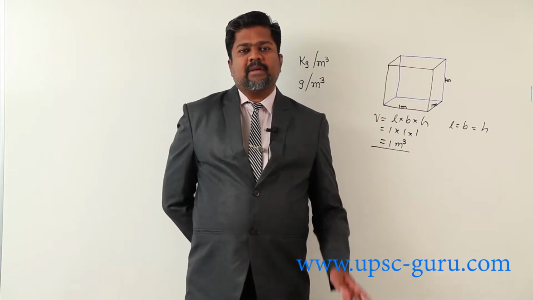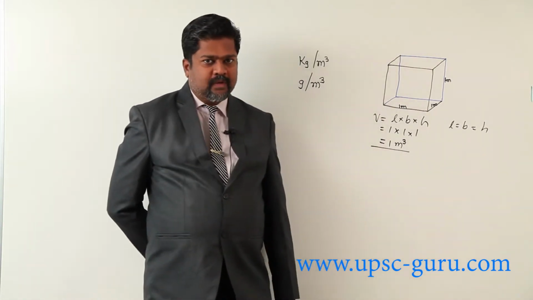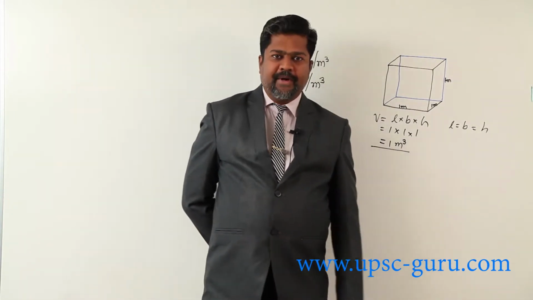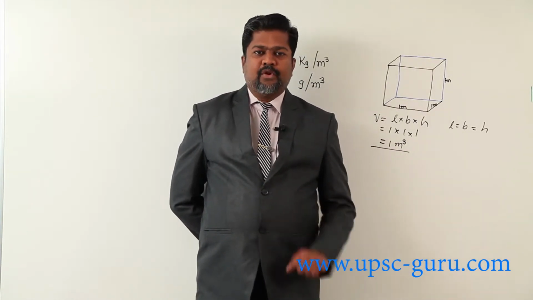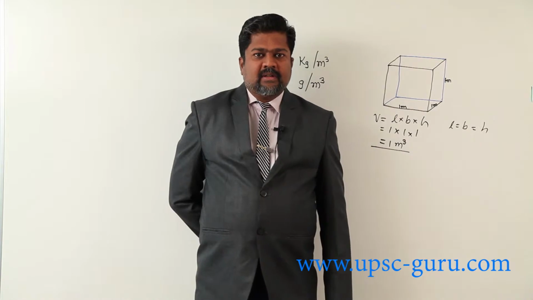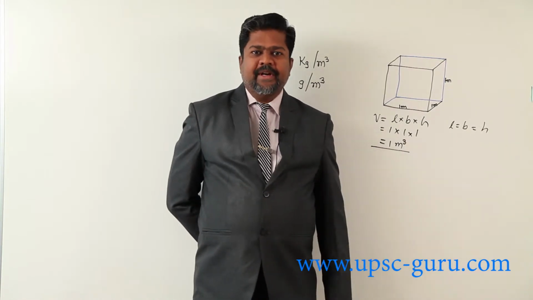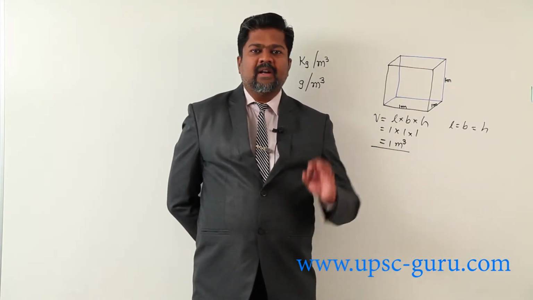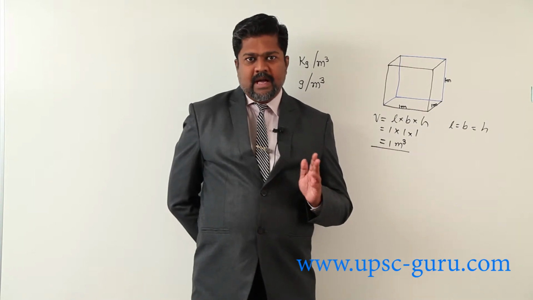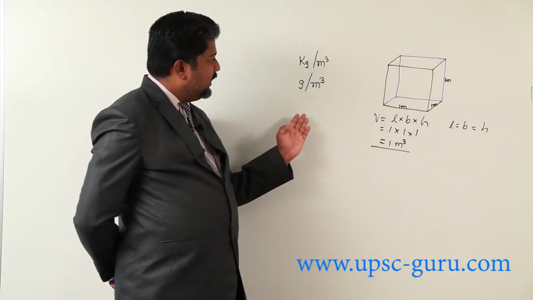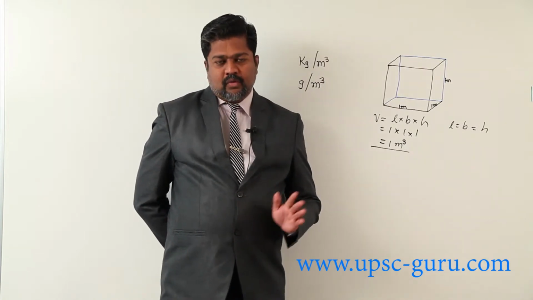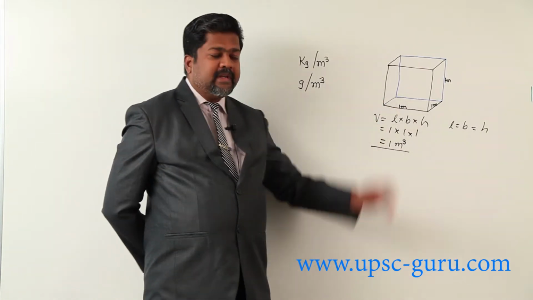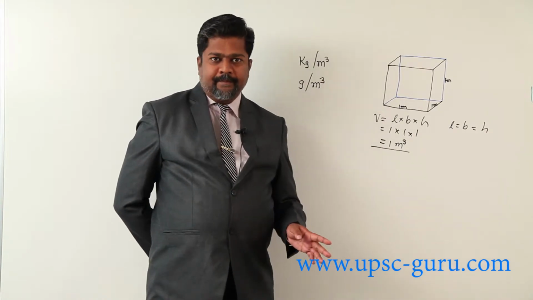I have to consider some other concepts also in order to understand humidity. For that purpose, I have to discuss the second type of humidity, which is named relative humidity, while this type of humidity is named absolute humidity. So whatever I have explained here is absolute humidity.